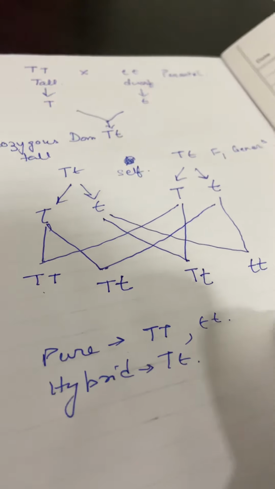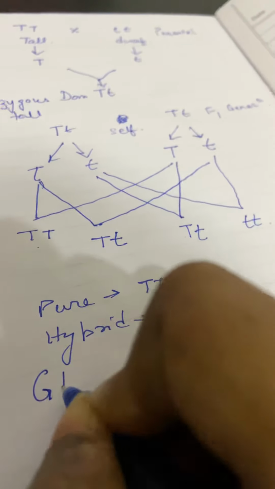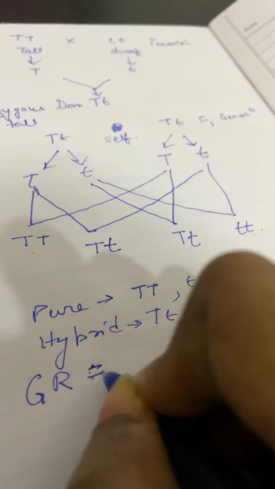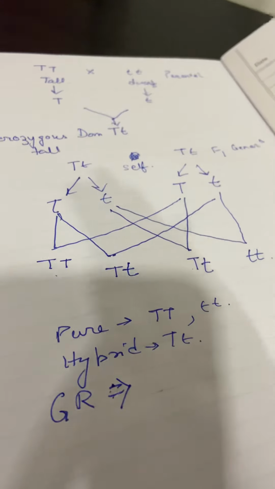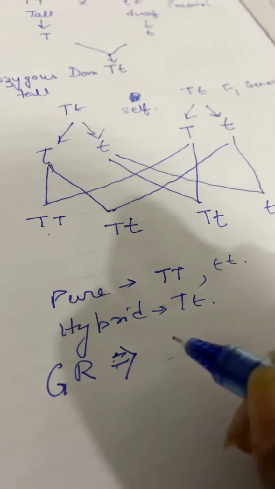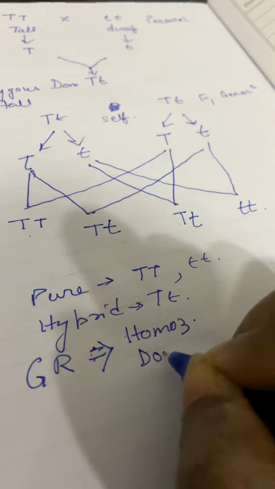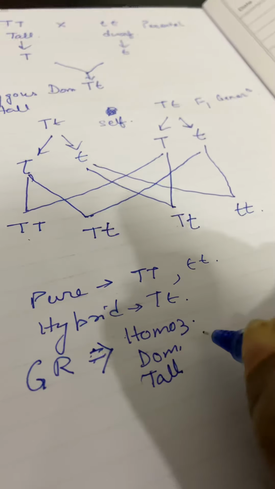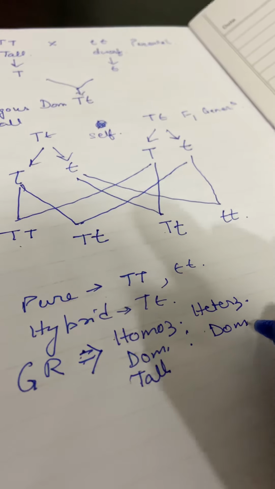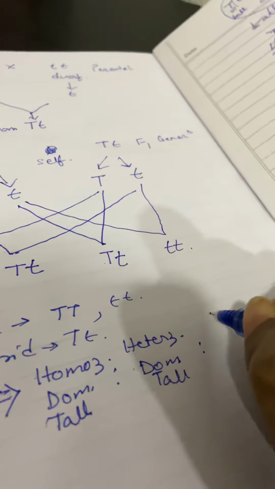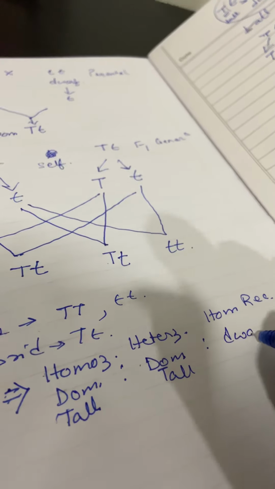Now if they ask for the ratio, what is the genotypic ratio and what is the phenotypic ratio? Genotypic ratio tells you accurately what has happened over there. In the case of genotypic ratio, what you get is homozygous dominant tall is to heterozygous dominant tall is to homozygous recessive dwarf.